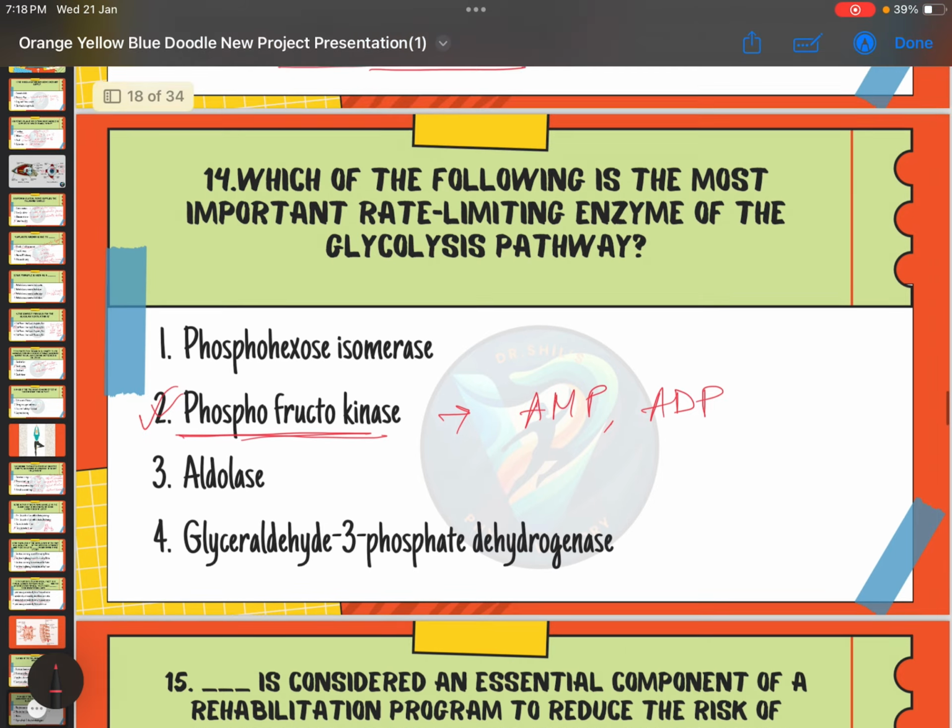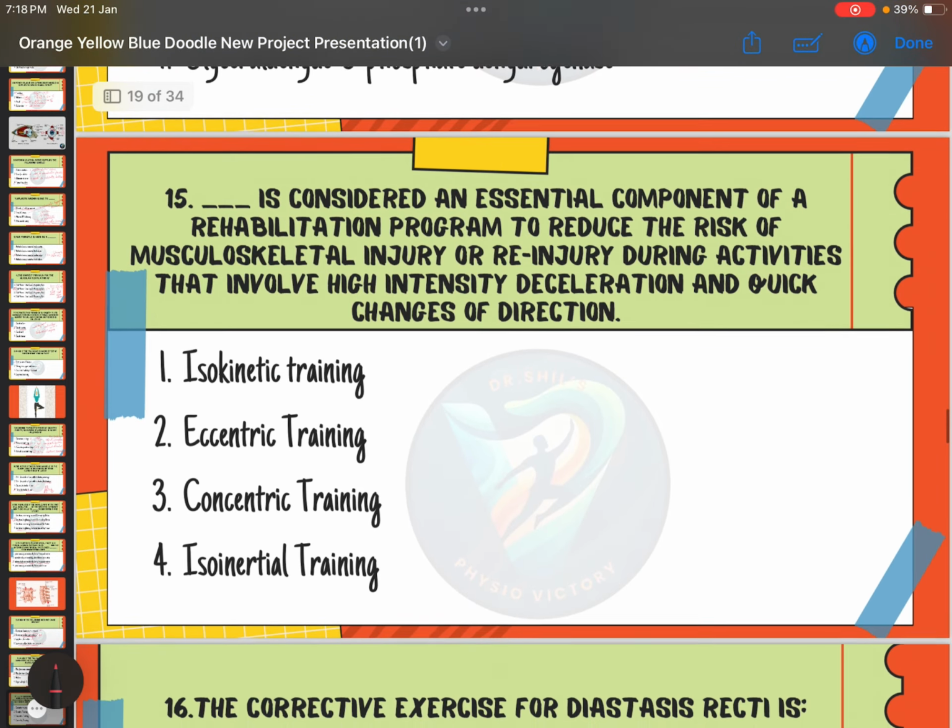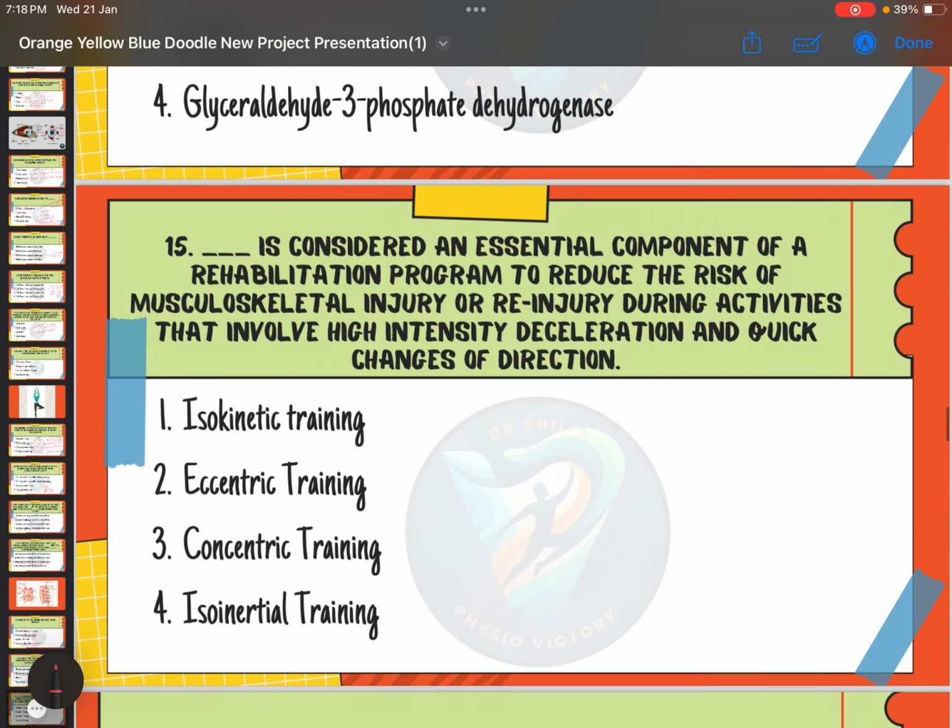Next, come to question number 15. Dash is considered as an essential component of a rehabilitation program to reduce the risk of musculoskeletal injury or re-injury during activities that involve high intensity, deceleration, and quick changes of direction.